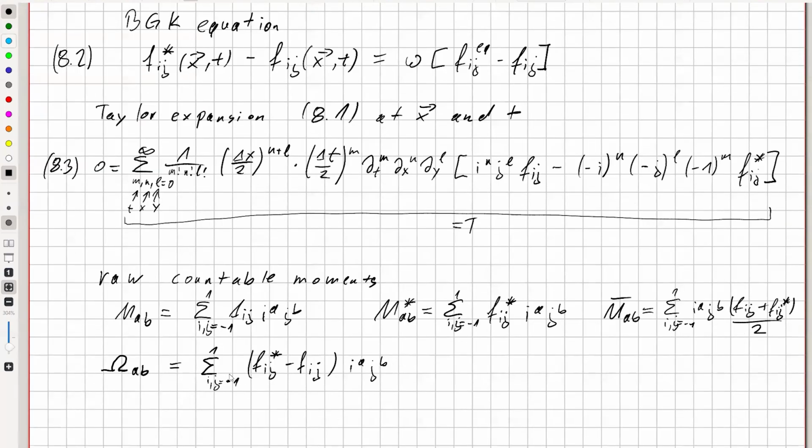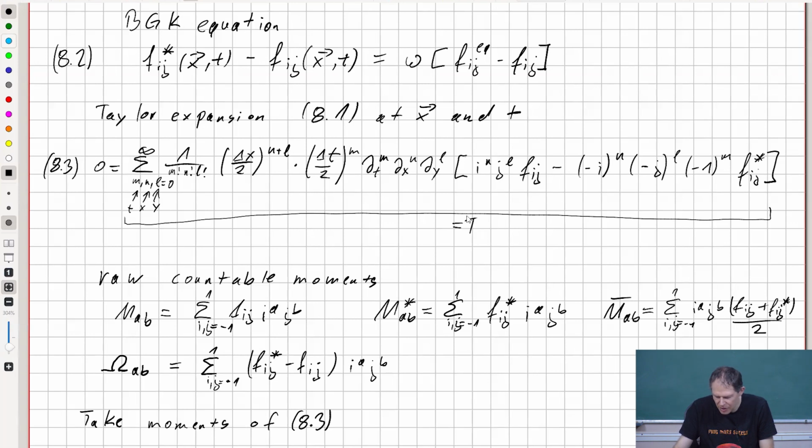So we need these definitions for later. And now what we are going to do is we're taking moments of this equation 8.3.